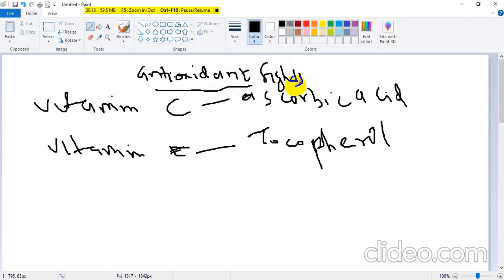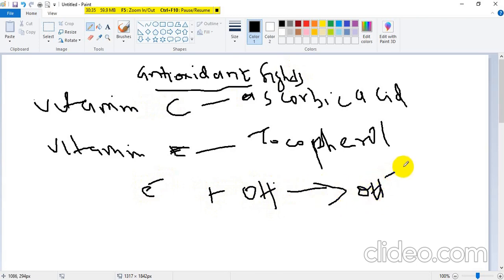So antioxidant vitamin C will come and donate one electron to the hydroxyl free radical, to produce OH. And the OH means 2 electrons. This dash means 2 electrons.